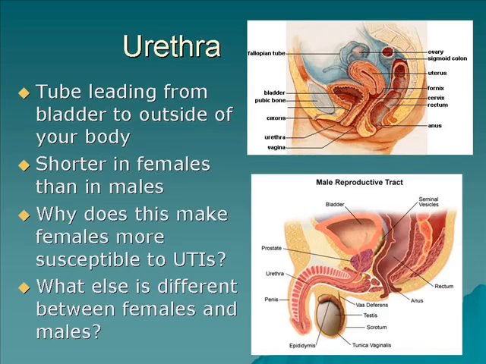So finally, once your body is signaled that it's time to go to the bathroom, and your bladder is ready to release urine, it does so through a tube called your urethra. This connects the bladder to the outside of your body. Now, females have a much shorter urethra than males. So why do you think this would make a female more susceptible to urinary tract infection? That's what UTI stands for.